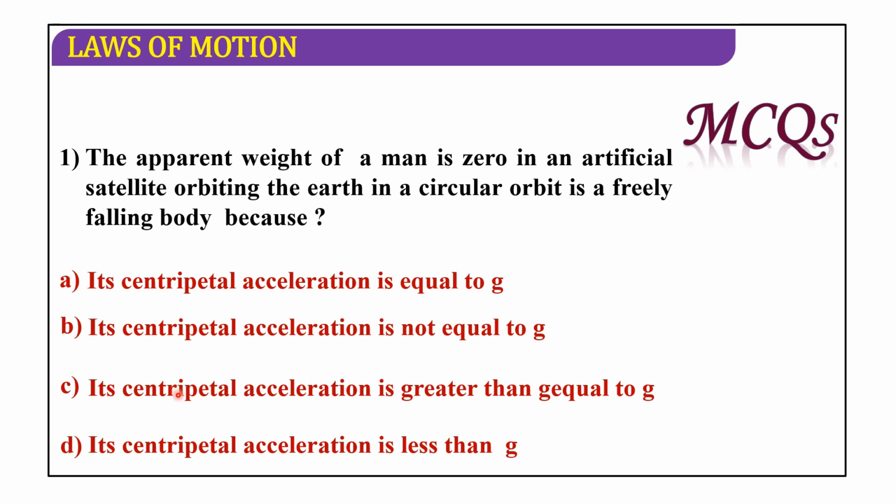So in these four options, its centripetal acceleration is equal to g. So that's why the apparent weight of a man is 0 in an artificial satellite orbiting the earth in a circular orbit, a freely falling body, because its centripetal acceleration is equal to g. Okay, next.